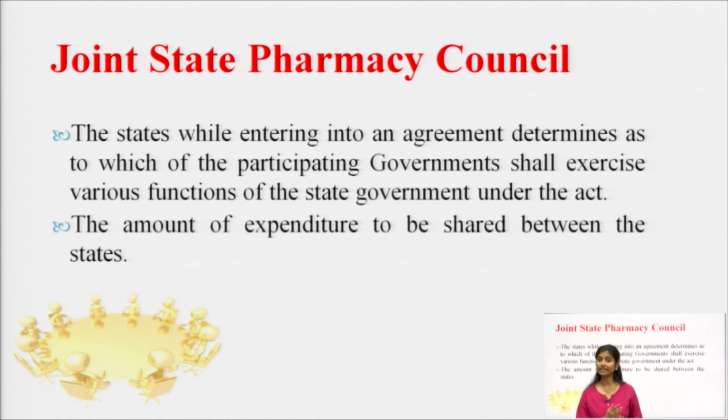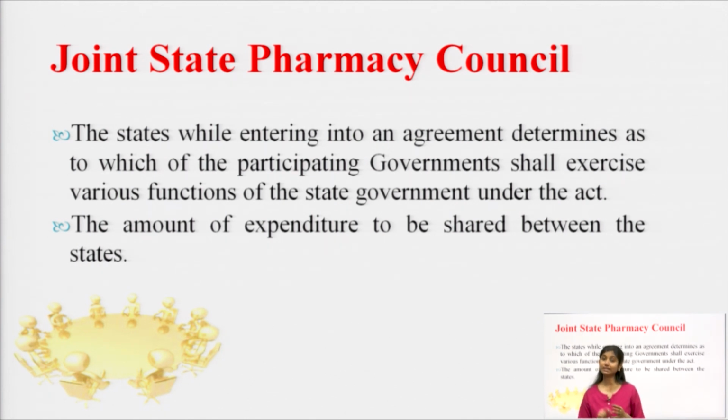How? We have already seen that they have to pay 1/4 of the annual prescribed fee collected by the state government, and they have to print the copies of the register annually and submit it to the central government.